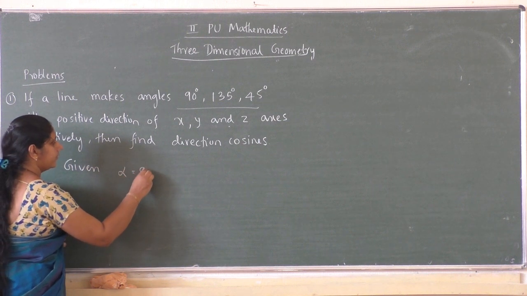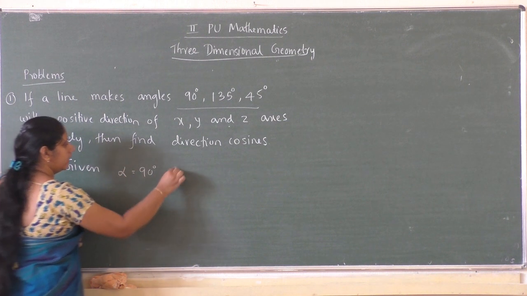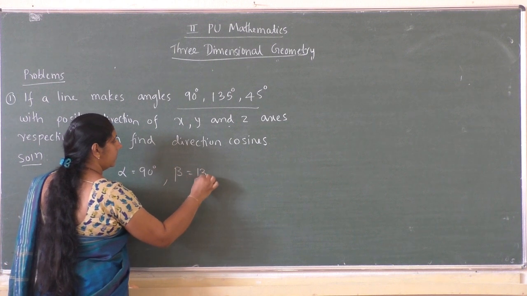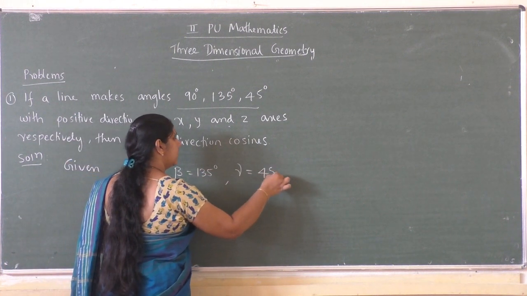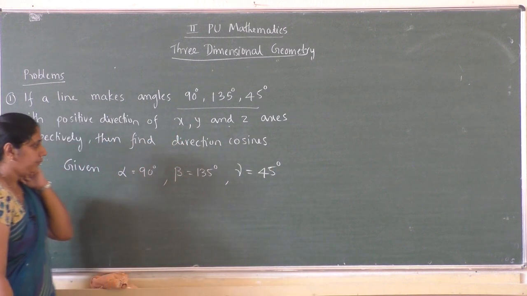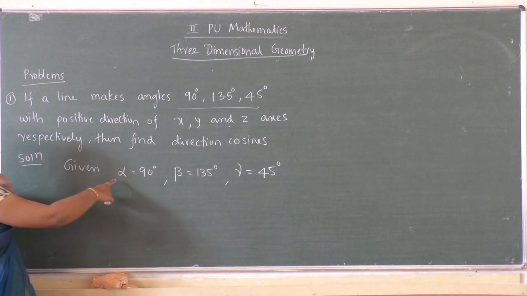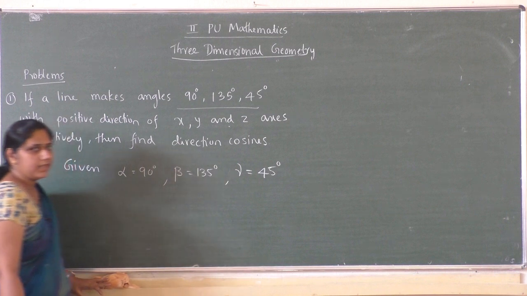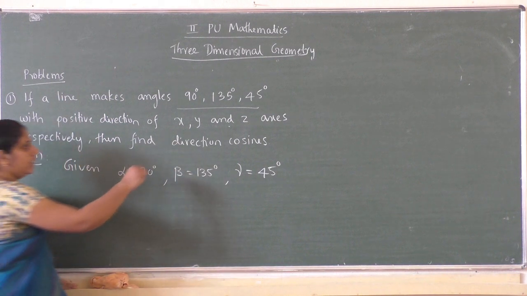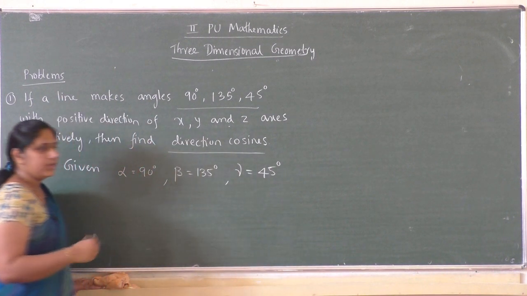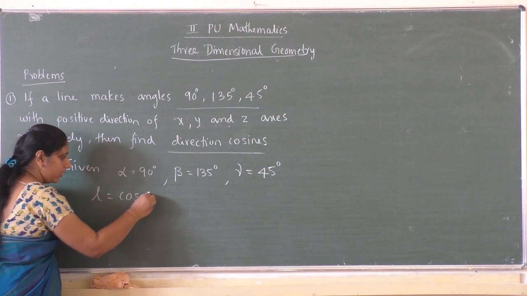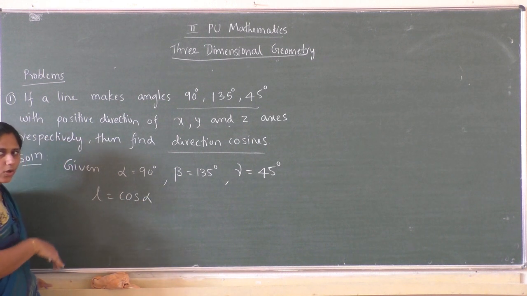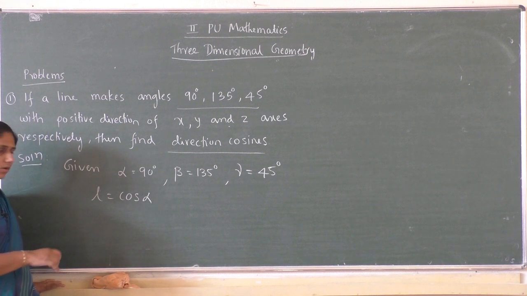Alpha is 90 degree, beta is 135 degree, and gamma is 45 degree. We have to find the direction cosines. l is equal to cos alpha, m equal to cos beta and n equal to cos gamma.